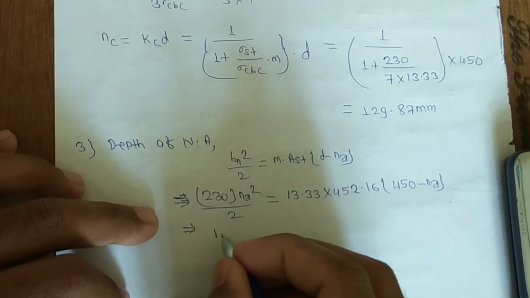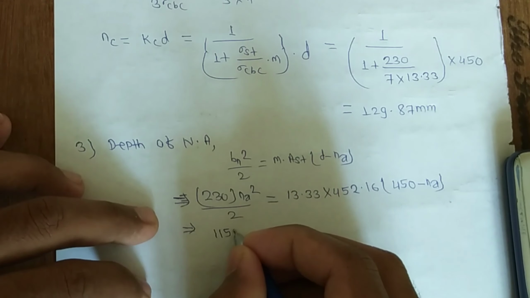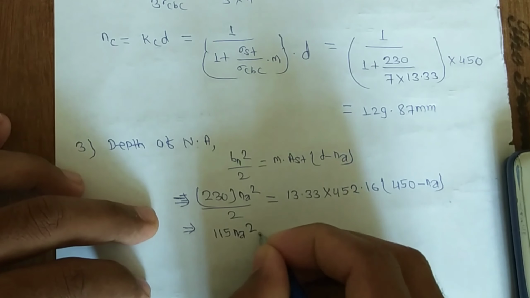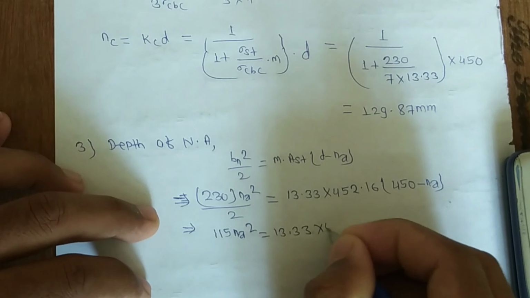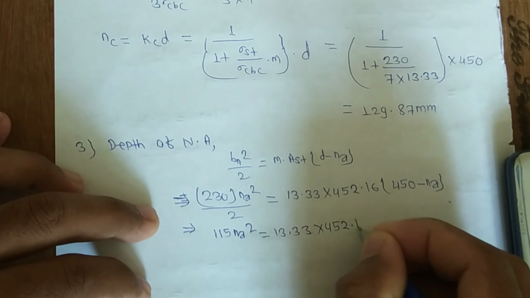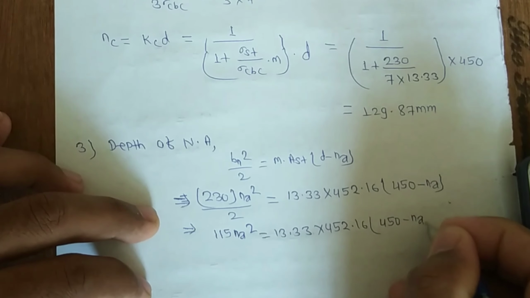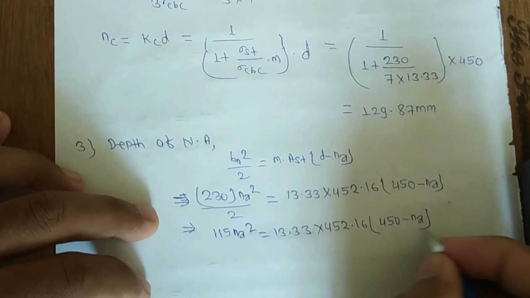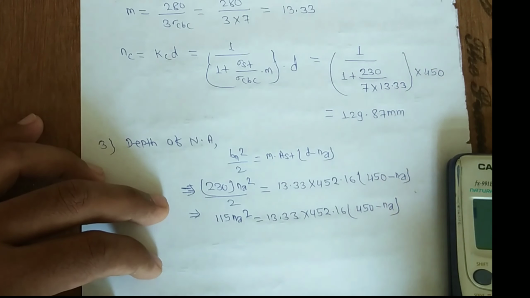So 230 divided by 2 gives 115 na square equals 13.33 into 452.16 of 450 minus na. In this we have to calculate na, and this equation we can directly solve on the calculator.